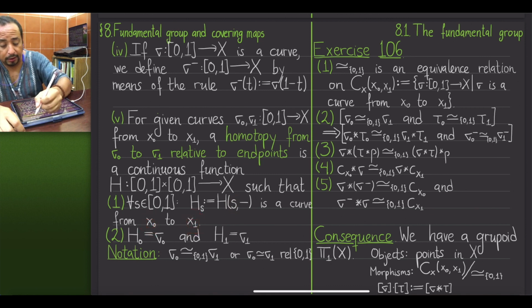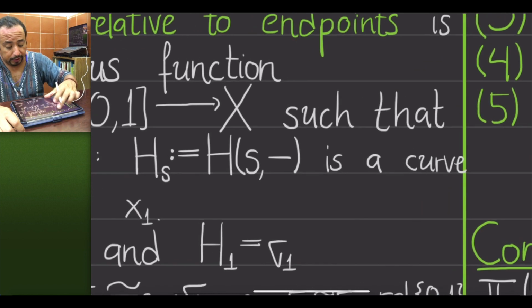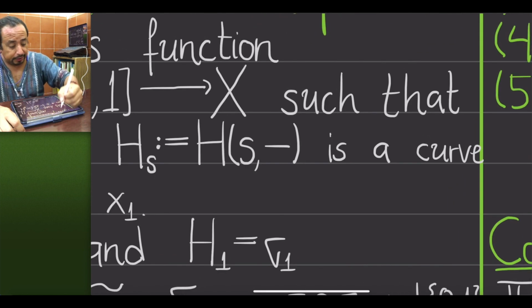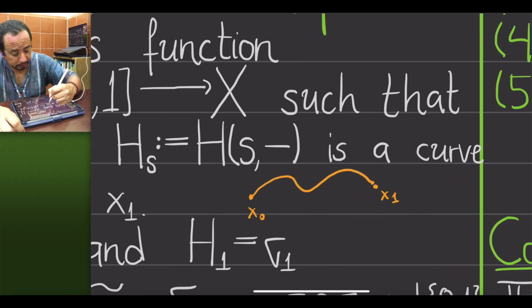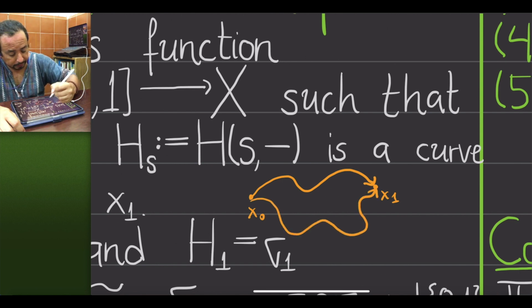So this first condition somehow tells me, well, I'm starting with my two curves that go from the point x0 to the point x1, sigma naught and sigma 1.